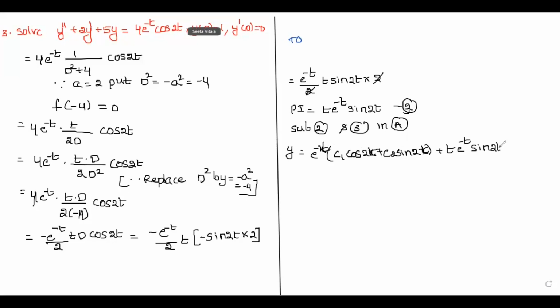Now put it as equation number B. So this is nothing but your y of t. So y of t is equal to e power minus t into c1 cos 2t plus c2 sin 2t, plus t into e power minus t sin 2t.